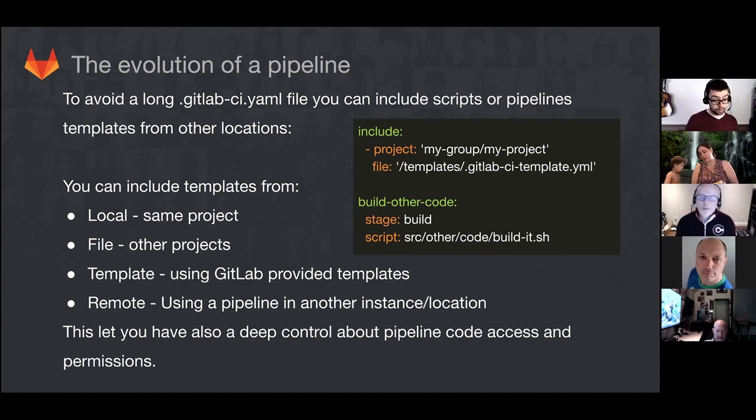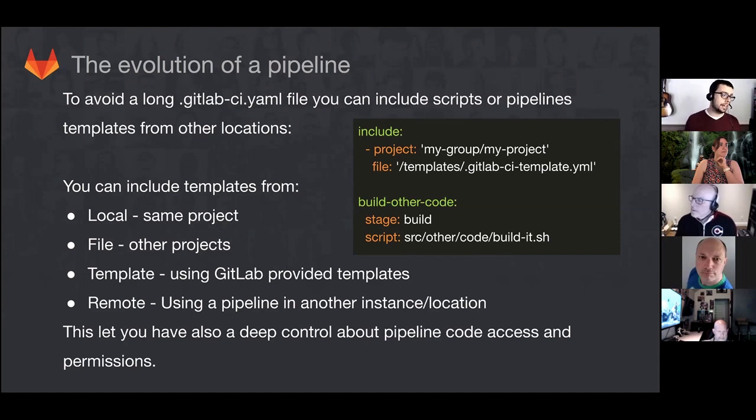How can we split them? We can include the file inside our pipeline, and this file can have different origins. We can use a local file coming from the same project. You can use an external file from other projects. You can use one of our templates that we build in AutoDevOps, or we can use a remote file. I could have, for instance, a web server that is just exposing a plain text file.